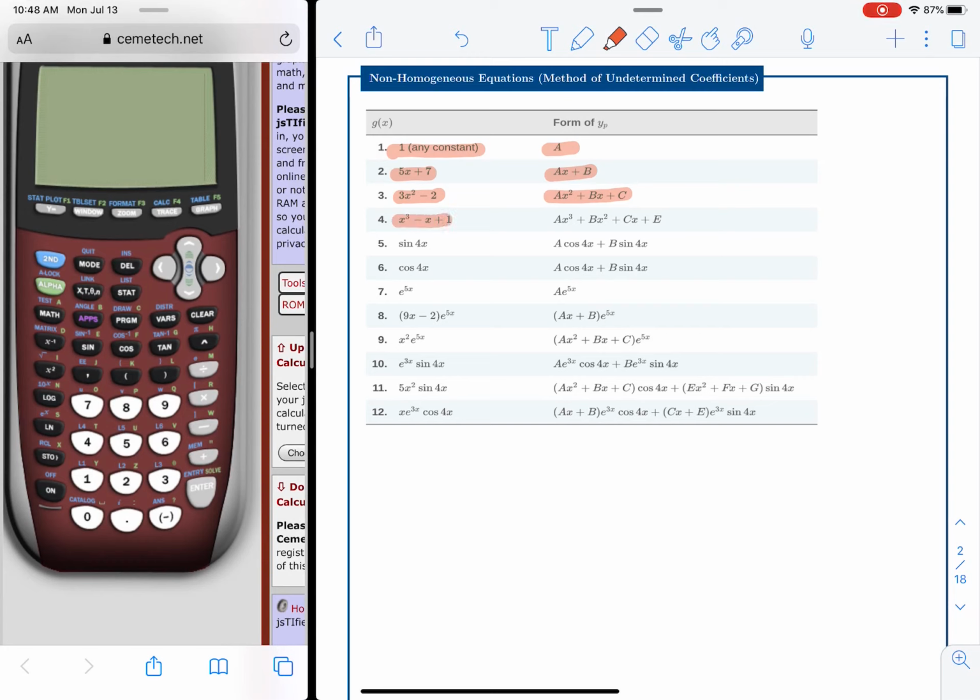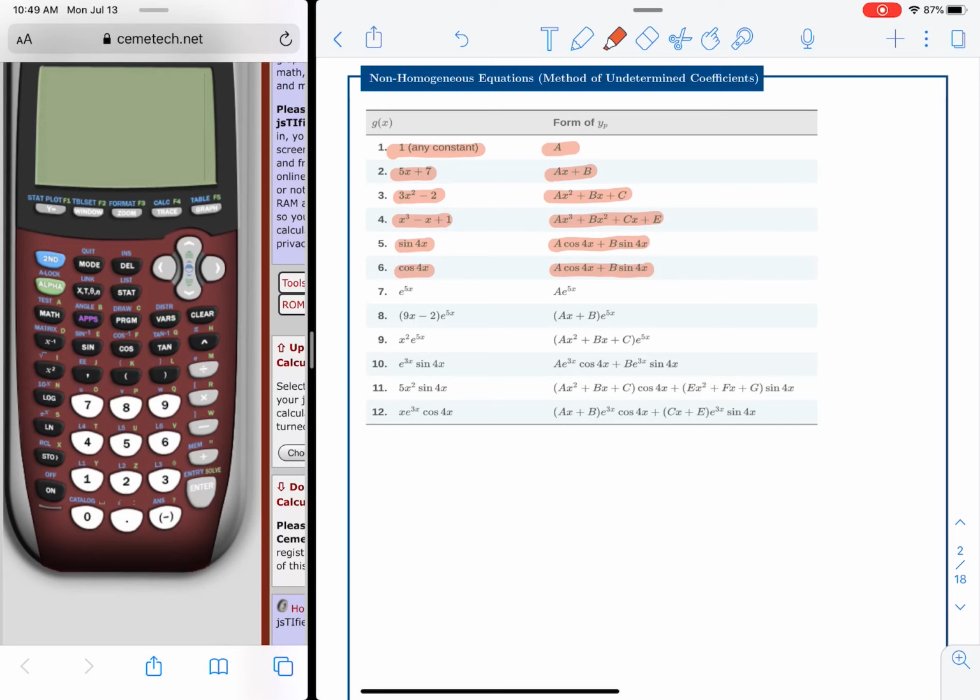If it is a cubic function, we go for ax cubed plus bx squared plus cx plus e. And if it's sine 4x, we use a cosine 4x plus b sine 4x. If it is simply sine x, we would use a cosine x plus b sine x. If we have cosine 4x, we would use a cosine 4x plus b sine 4x.